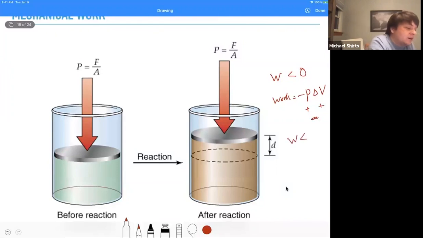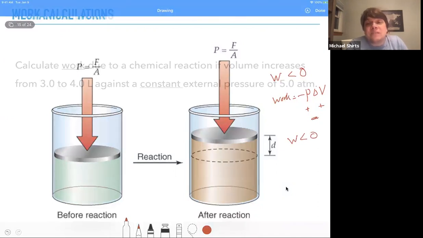Negative work is less than 0. So there are 2 ways to think about it. The system is pushing up against its surroundings, so the energy must have left the system, work is less than 0. Or just plug in, see what the change in volume is, and make sure that there actually is pressure. Work is minus P positive times delta V positive, so work is negative.